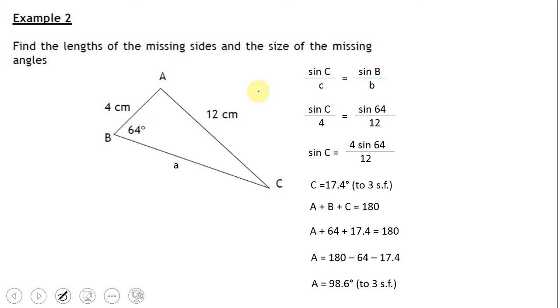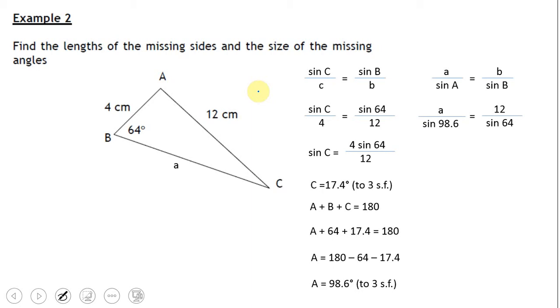And so now we've got capital A, we'll be able to find little a using the sine rule as we did in the last example. So little a over the sine of A equals little b over sine of B, because b's the ones where we've got both sides most accurately. So little a over sine of 98.6 equals 12 over sine of 64.